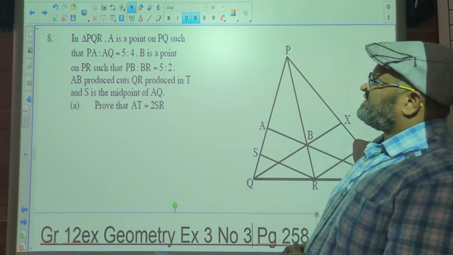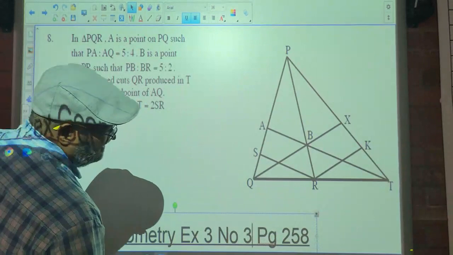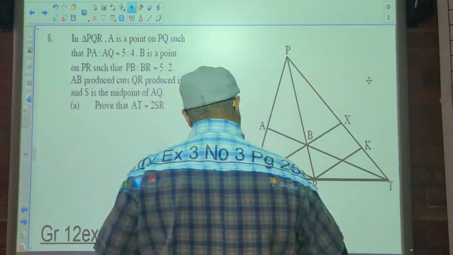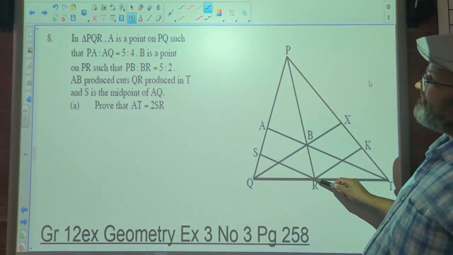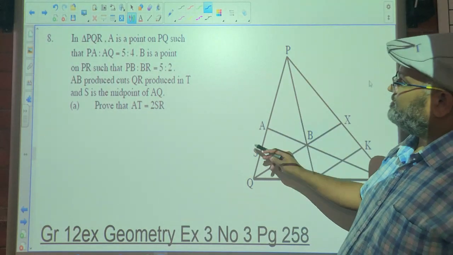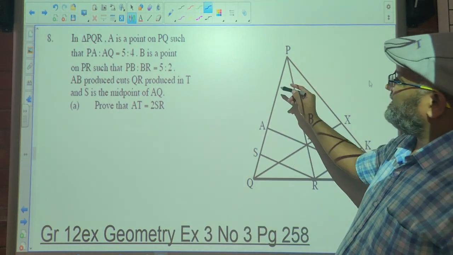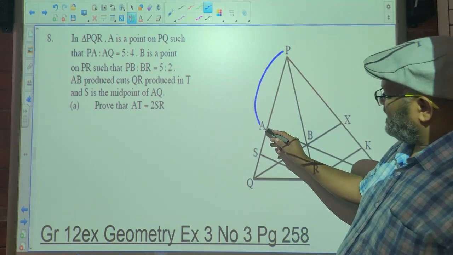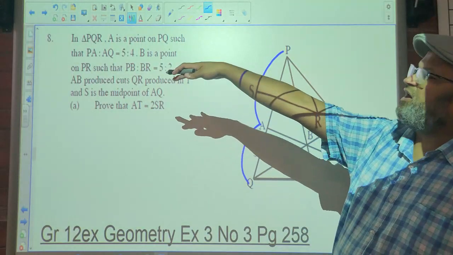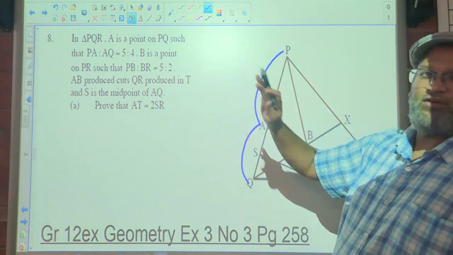Okay, so we are told that in triangle PQR, A is a point on PQ such that PA is to AQ as 5 is to 4. So you can say it as PA over AQ is equal to 5 over 4.